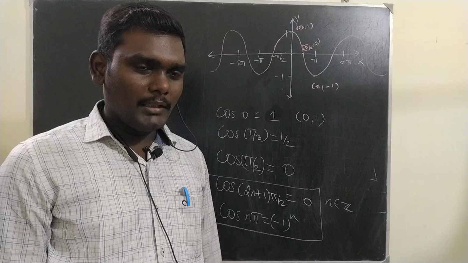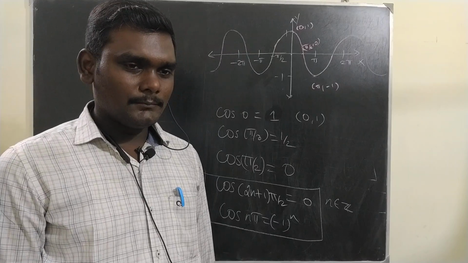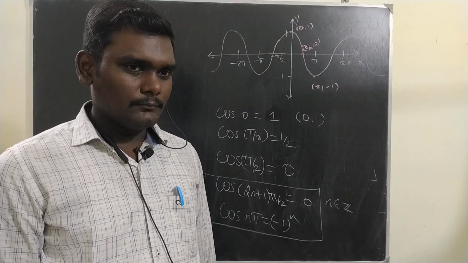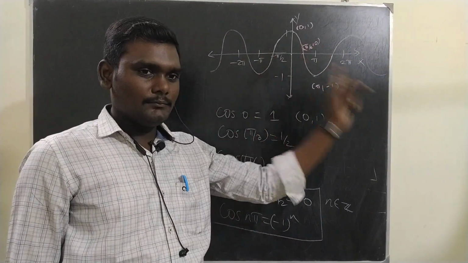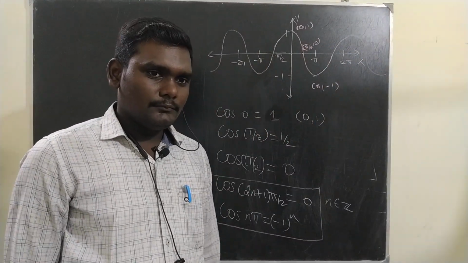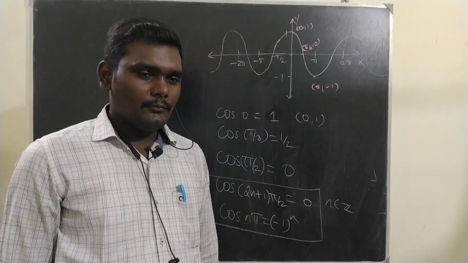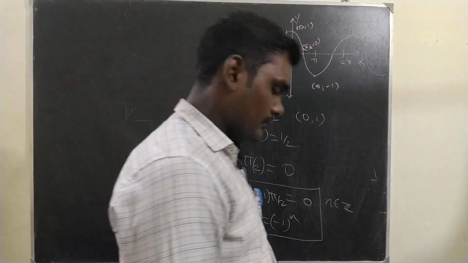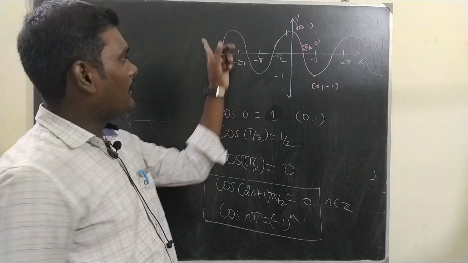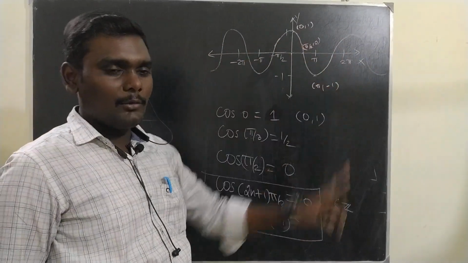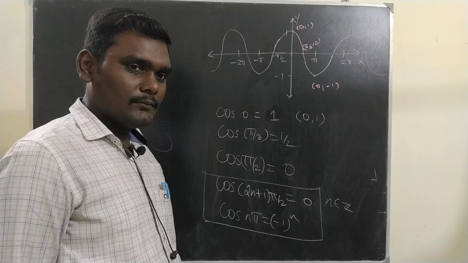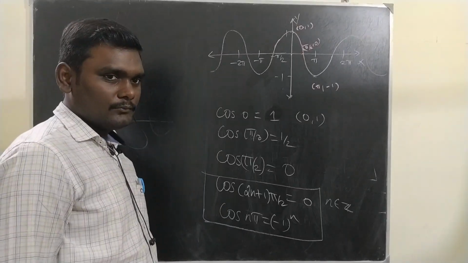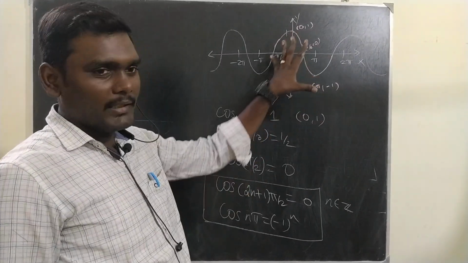How will you check one to one? All x-axis values are mapped or not? Yes. Horizontal line test. It is not one to one, since a horizontal line intersects at more than one point. Is it onto? No. So we have to restrict this function's domain.